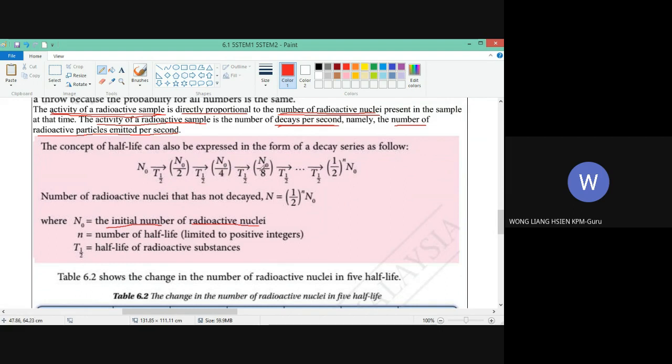After another half-life, divide by 2 again, so it becomes over 8. And continue.